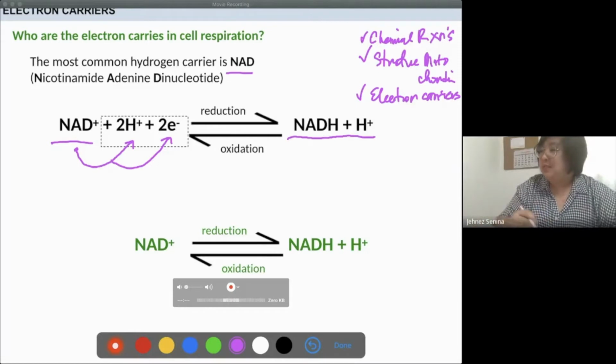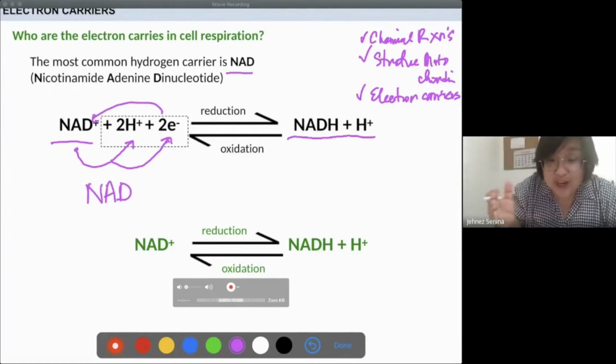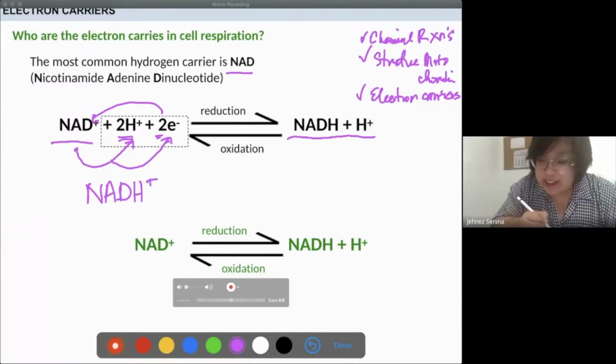You can just memorize this, but I want you to make sense of it. Look, you have two electrons. If I get one electron and put it here, that will neutralize NAD plus to NAD. I'm still left with two H and one electron. If I put one H here, that's going to be H plus.